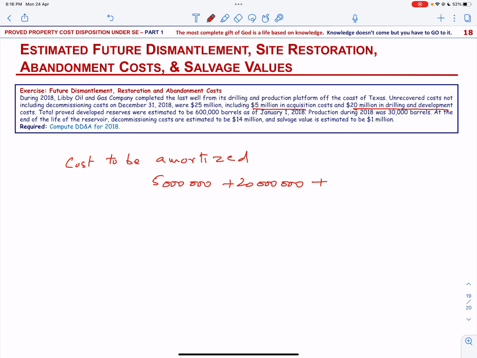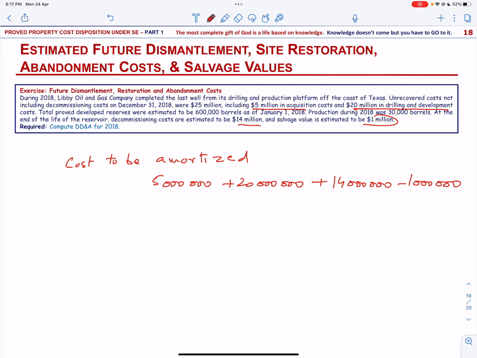Okay, so total proved developed reserves were estimated to be 6 million barrels. Production during the year was 30,000. At the end of the life of the reservoir, decommissioning cost is going to be 14 million. So decommissioning cost will be added, and salvage value of 1 million is going to be subtracted.